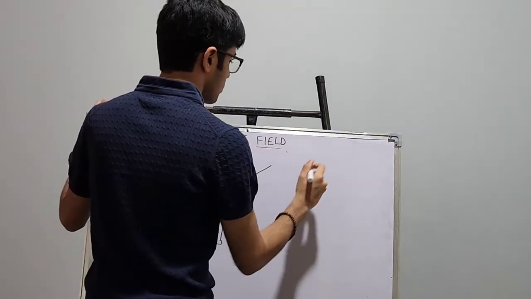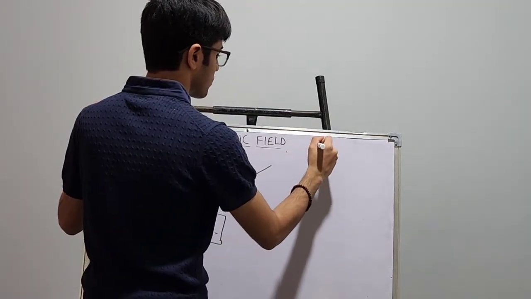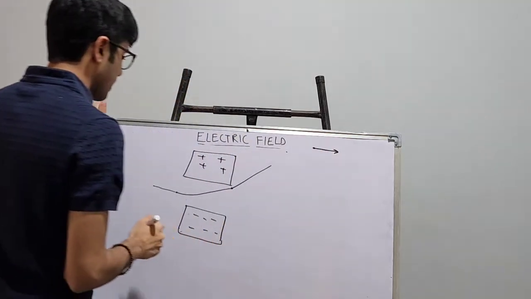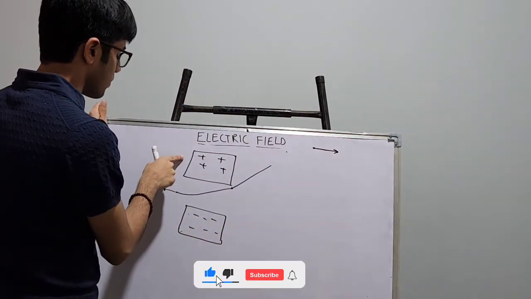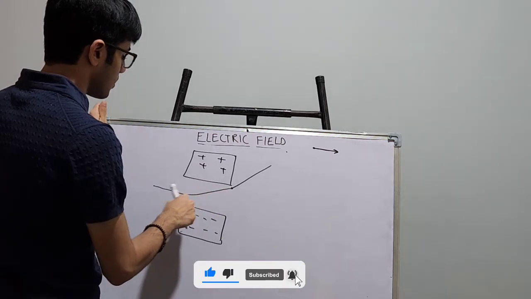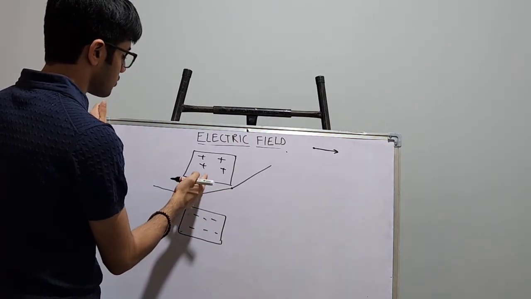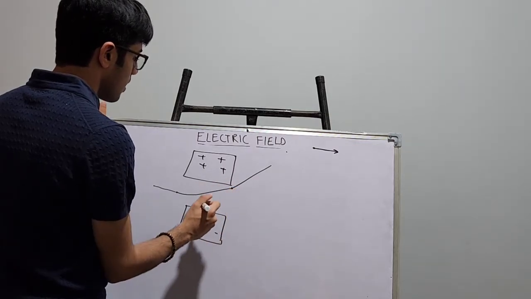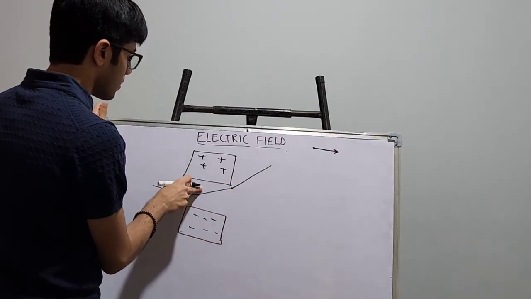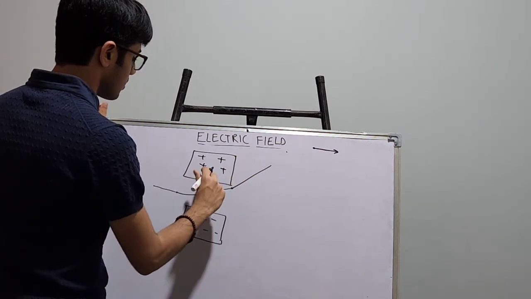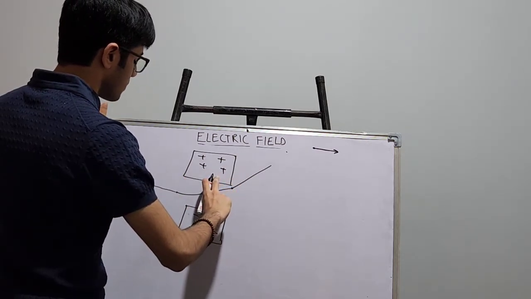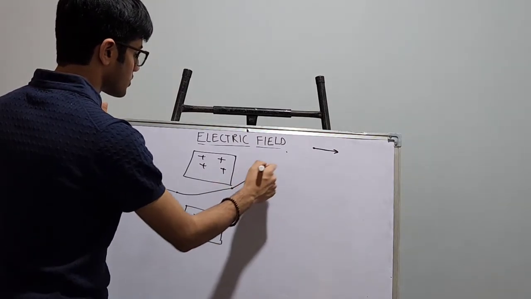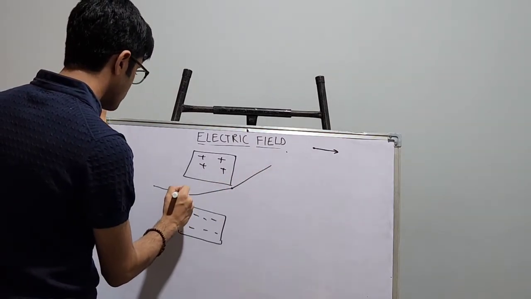When the electron is in free space, it would move in a straight line. On the other hand, here it is attracted towards the positively charged metal sheet, so it would move like this, and this trajectory is a parabola, and we need to firstly prove that this is a parabola. Then after the influence of these two metal sheets has been totally reduced, it would again move in a straight line.